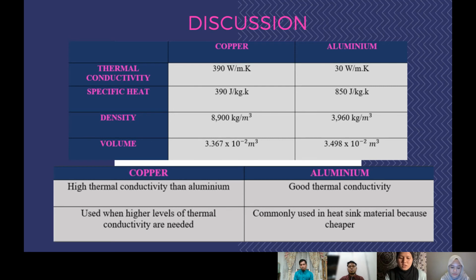For the fin efficiency, we can also say that it contributes to higher thermal conductivity of the material. A fin of a heat sink is considered to be a flat plate with the heat flowing in one end and being dissipated into the surrounding fluid as it travels to the other. Fin efficiency is defined as the actual heat transferred by the fin divided by the heat transferred if the fin were isothermal. That's all.